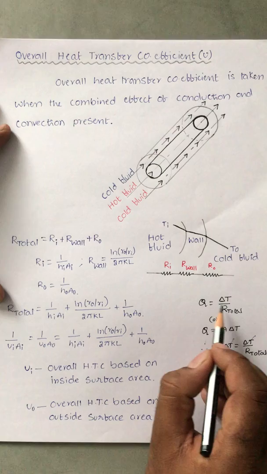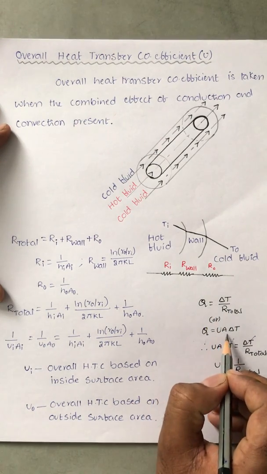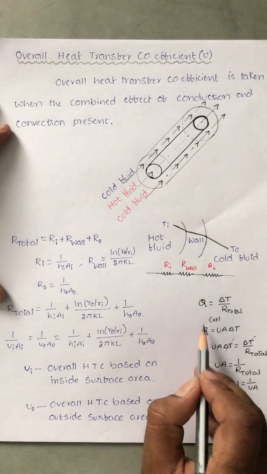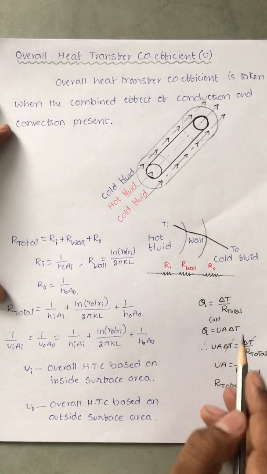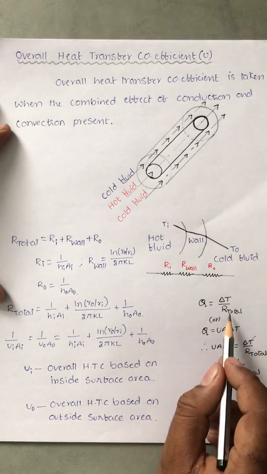Here Q is equal to delta T by R total, or you can write Q is equal to U A delta T, where U is the overall heat transfer coefficient. Both are equal to Q, so you can equate the right side parameters. U A delta T is equal to delta T by R total.